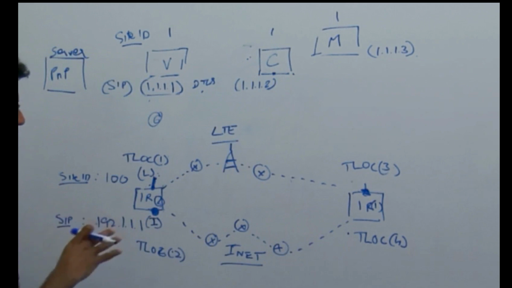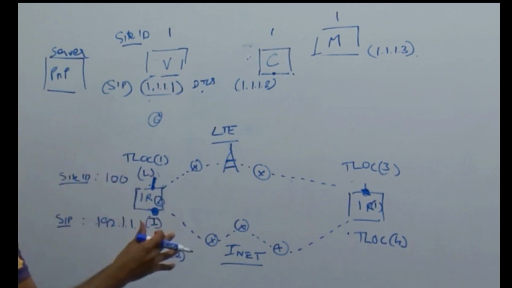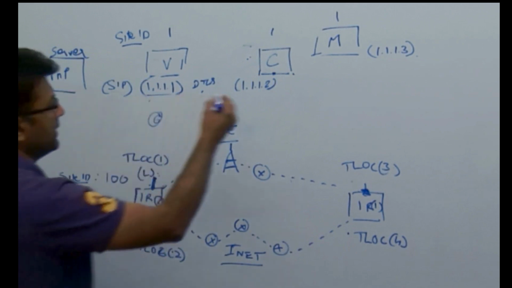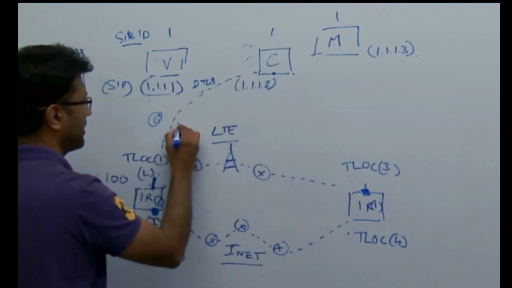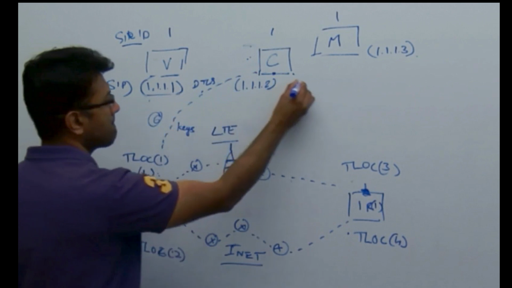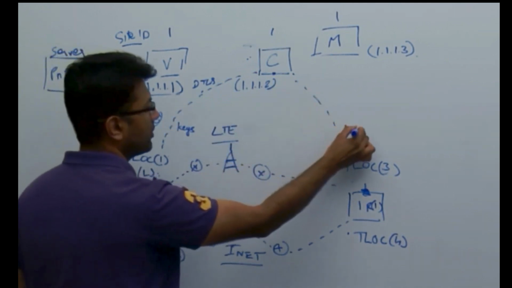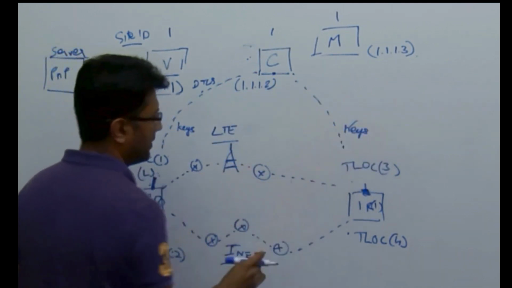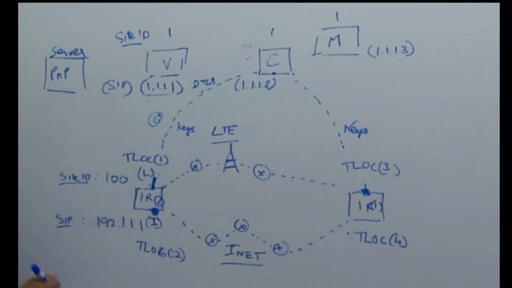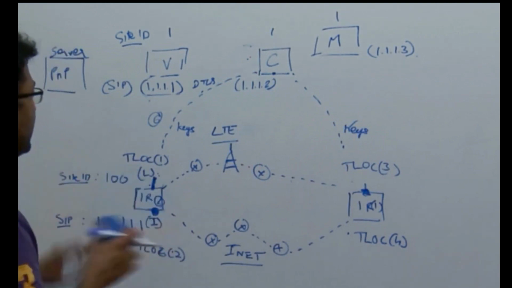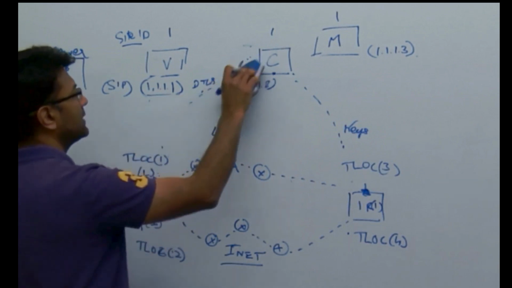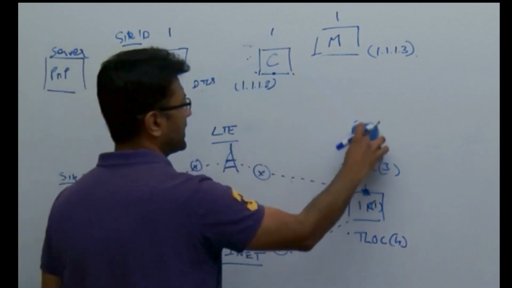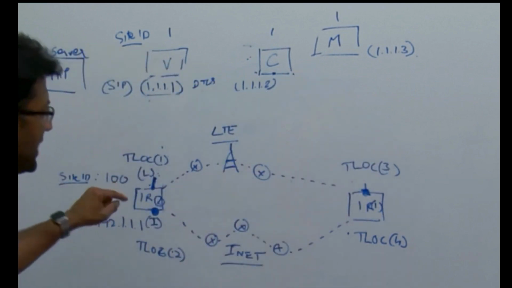Now, we know this information, but we still have to build a fabric, right? So the controller is now going to exchange keys, which will be used for encryption, for IPsec tunnel formation and encryption. And note that during this process, none of this exchange is taking place directly between the edge devices.